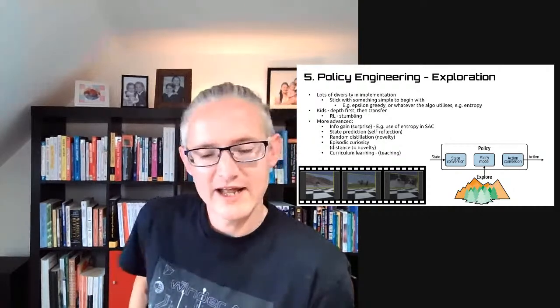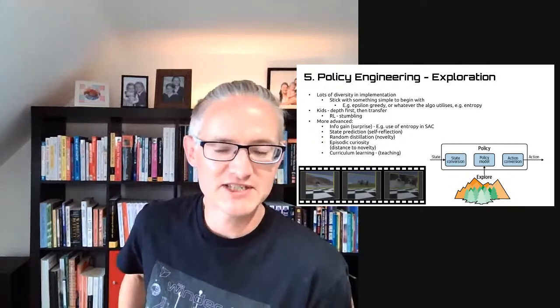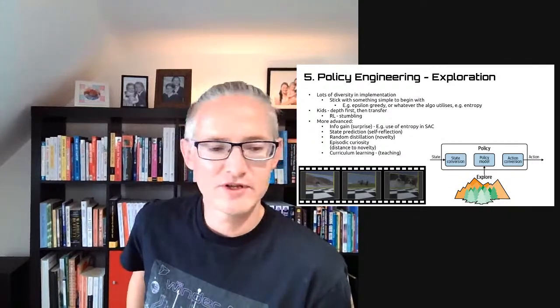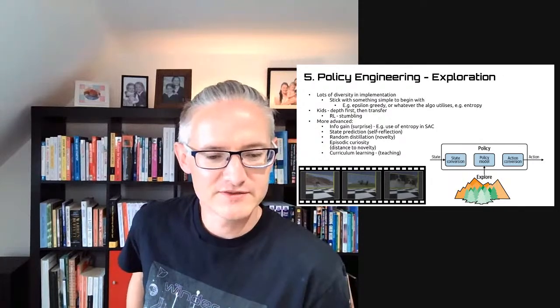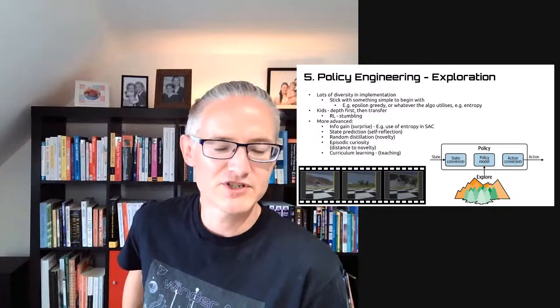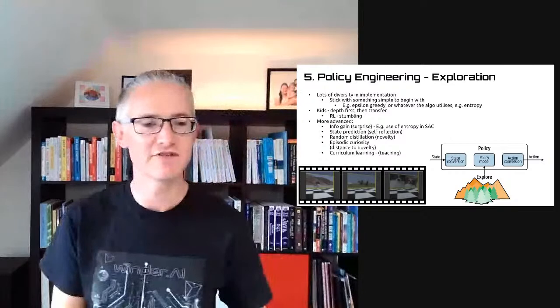They put in a TV with a panel that just changed images every couple of seconds, so that an agent attempting to explore in this environment got stuck on the TV, because it was using information gain.